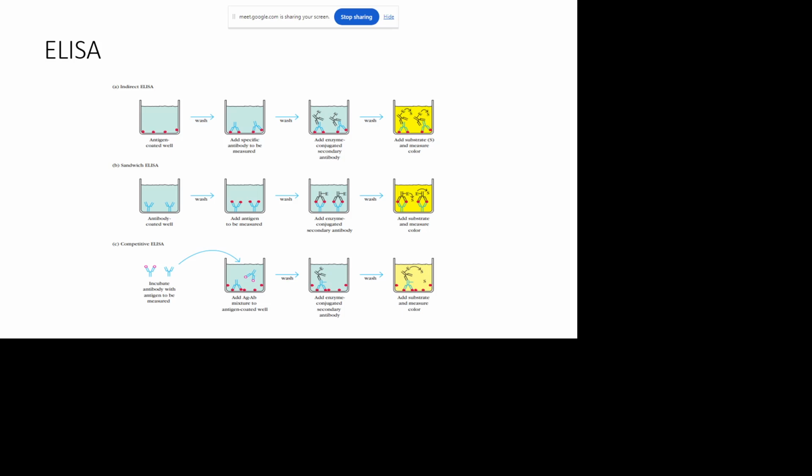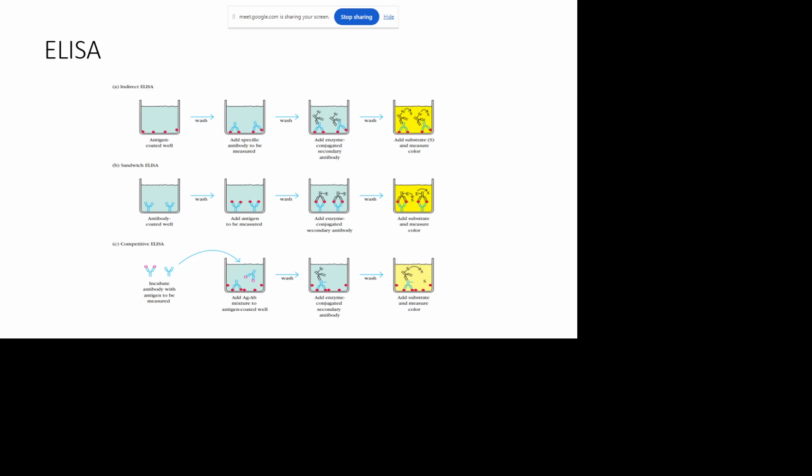So next is ELISA. ELISA is again a way of measuring the concentration of antigen or antibody. There are three kinds of ELISA: indirect ELISA, sandwich ELISA, and competitive ELISA.